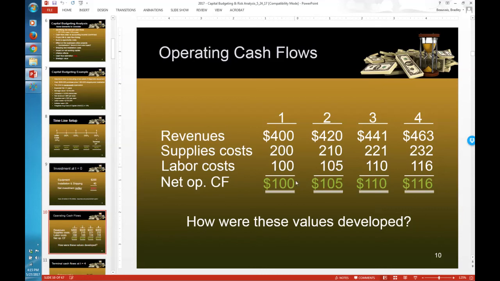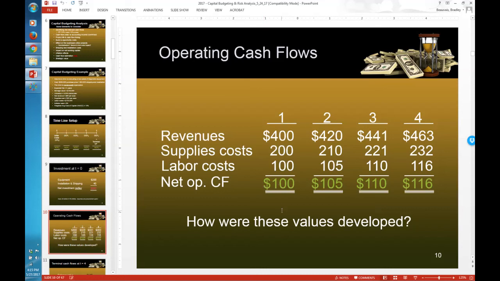Labor costs are $100,000, for a net operating cash flow in time period 1 of $100,000. This is our baseline. Now we're inflating these numbers based on the inflation rate of 5%, just taking a salami slice inflation rate across all sections here.